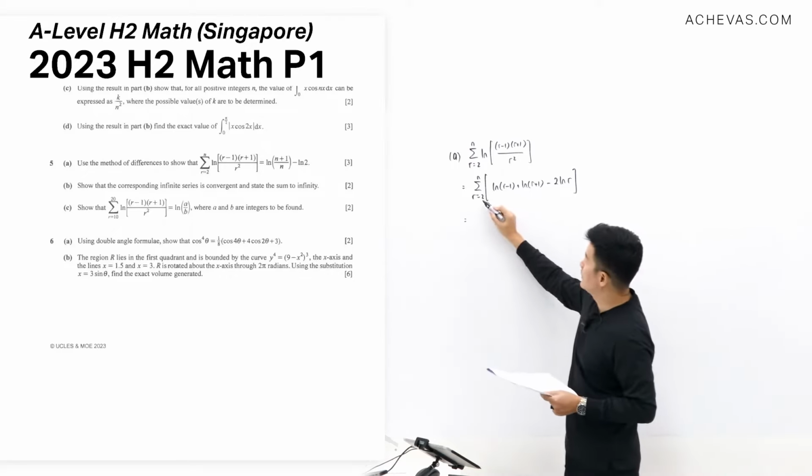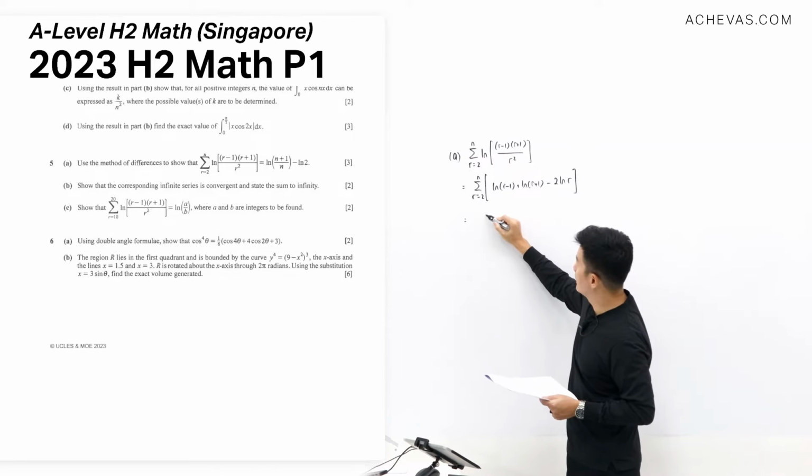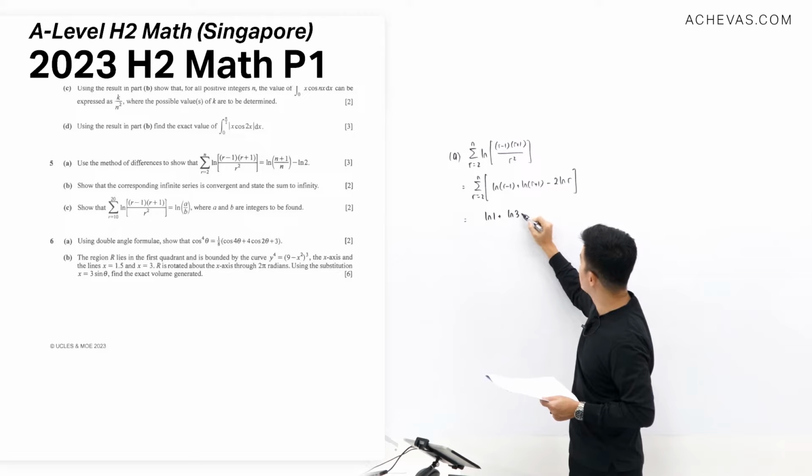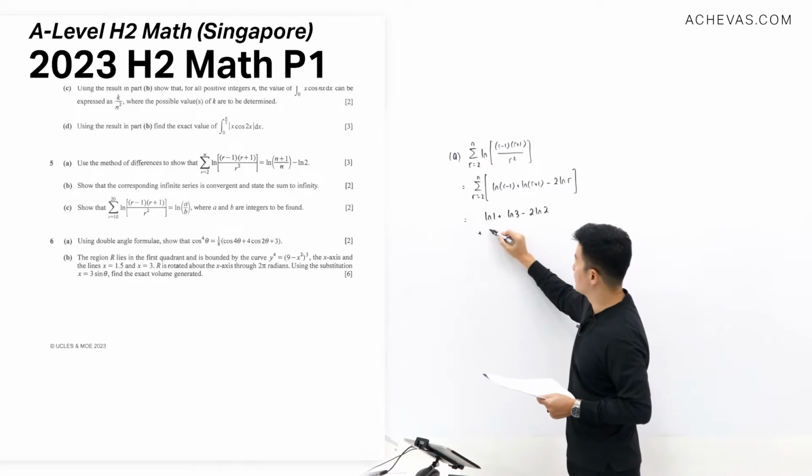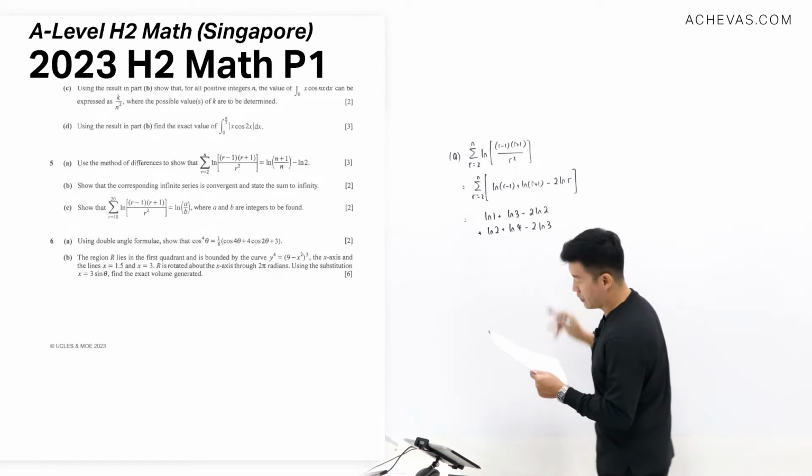So when r is equal to 2, we will have ln 1 plus ln 3 minus 2 ln 2. When r is equal to 3, it is going to be ln 2 plus ln 4 minus 2 ln 3.